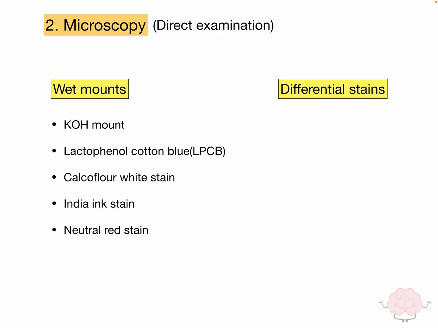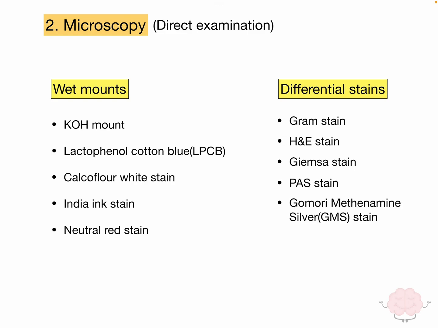In case of differential stains, we have a long list of stains like Gram stain, H&E stain, Giemsa stain, PAS stain or periodic acid-Schiff stain, Gomori methenamine silver stain or GMS stain, acridine orange, or Mayer's mucicarmine.